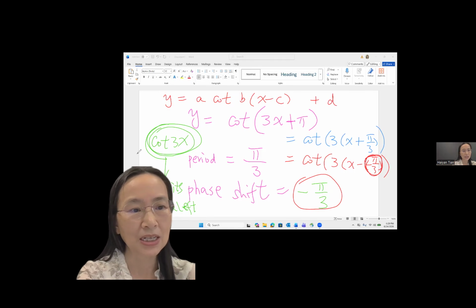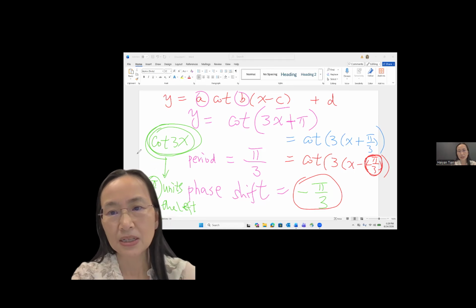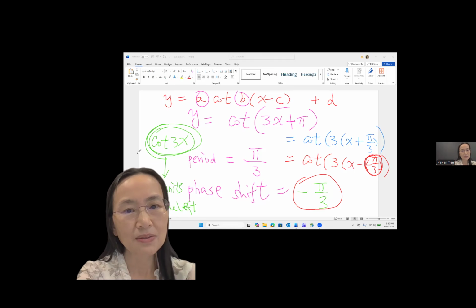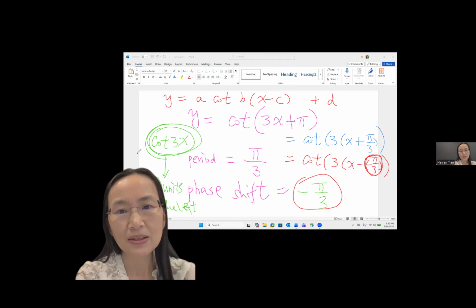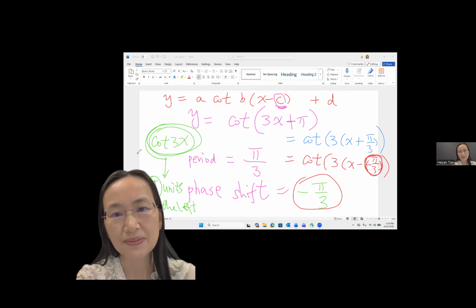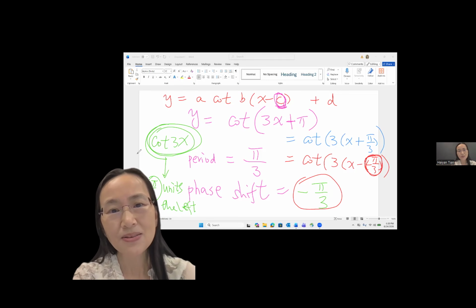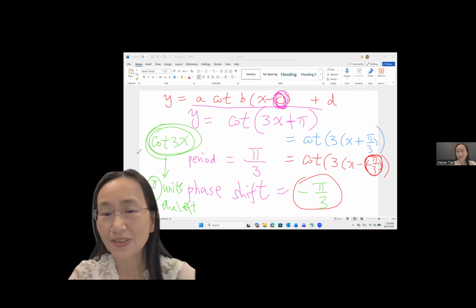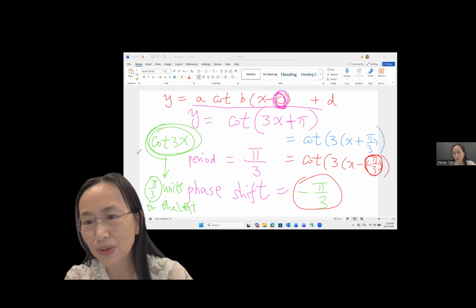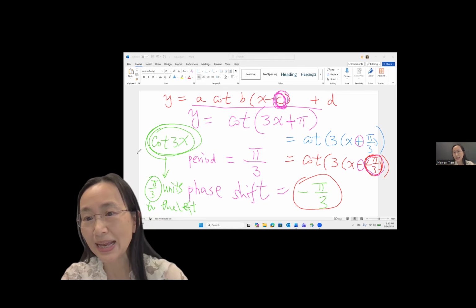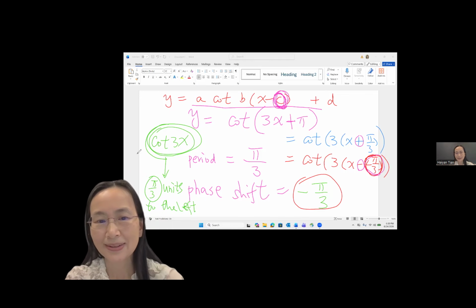This A, B, C, D. See these numbers, and they tell, then this number is called phase shift. That means as long as you write it into this form, then you can decide the phase shift. So when we write this into minus negative, we know the phase shift is negative pi over 3.